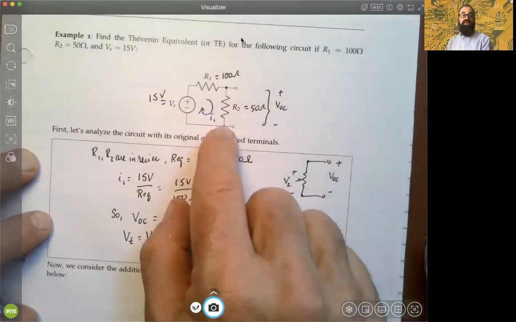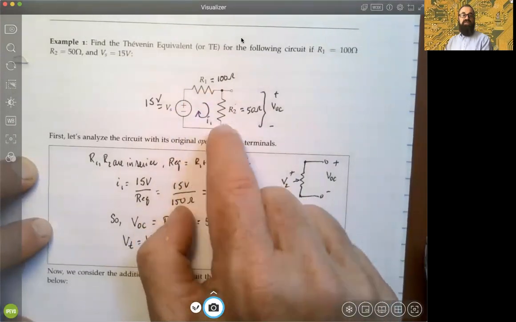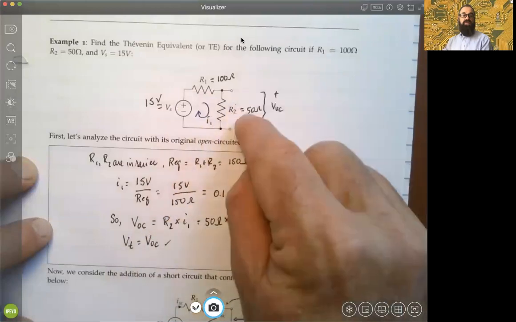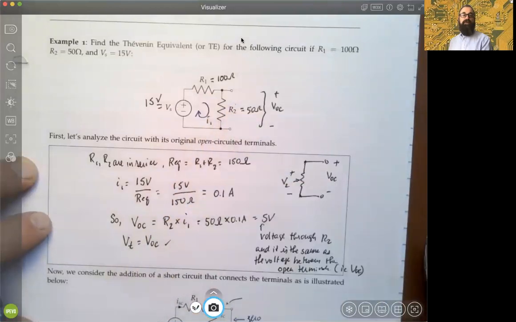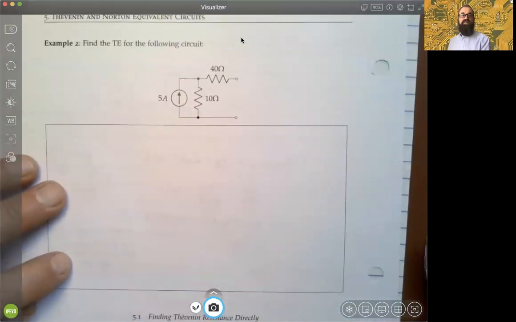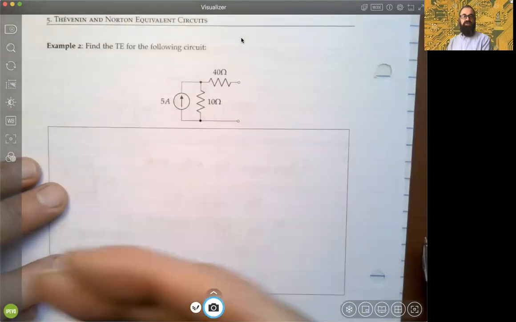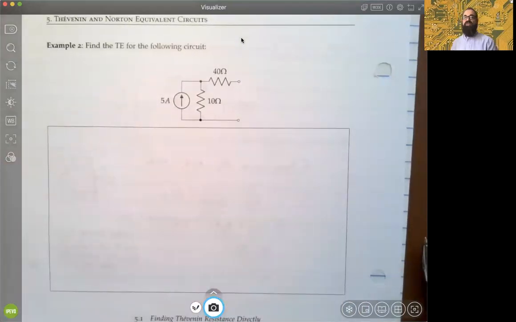Notice example 1, look at the configuration of these resistances to the left of the open terminals, okay? Now look at them. Notice the difference, okay? From the perspective of those open terminals, looking at the left, very different.